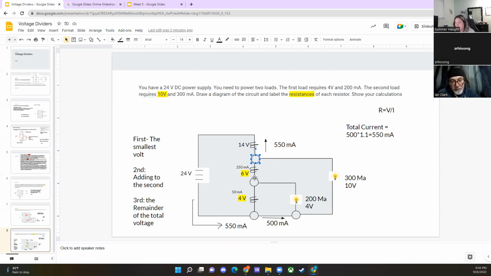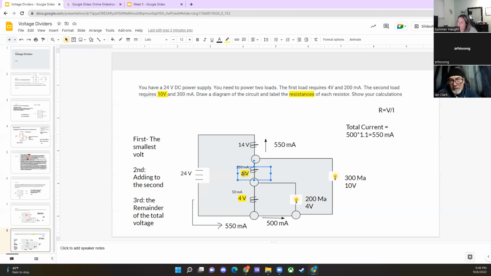The reason why you have to, the lower one that has the 200 mA, it is in parallel with the one that it's connected to so that it gets the same voltage, but the other one is in series, so you have to add the two.